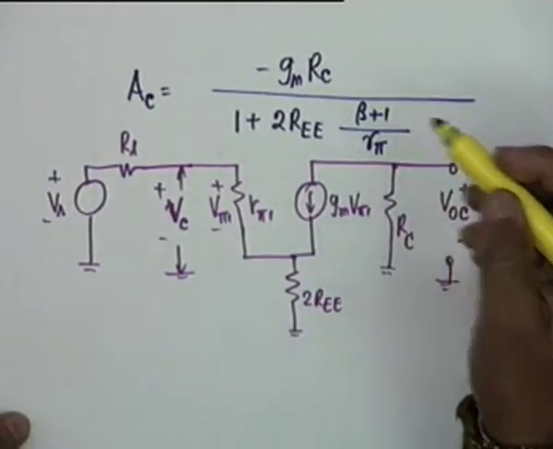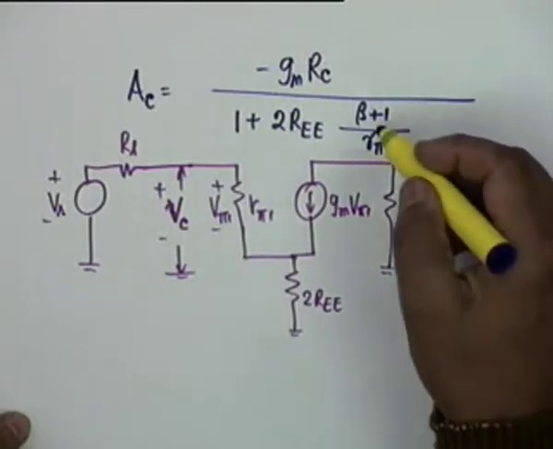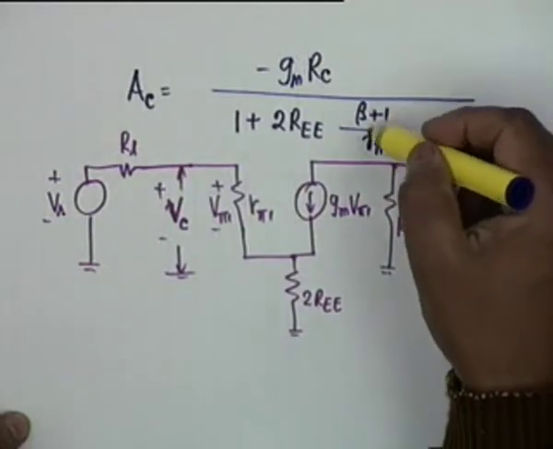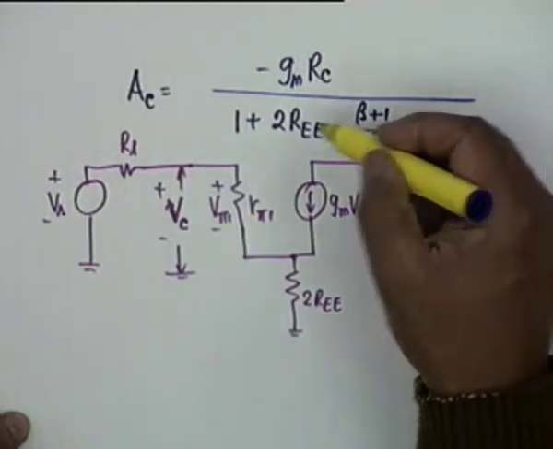And if beta is much greater than 1, as has been assumed earlier, this is simply beta by R pi, and therefore gm.